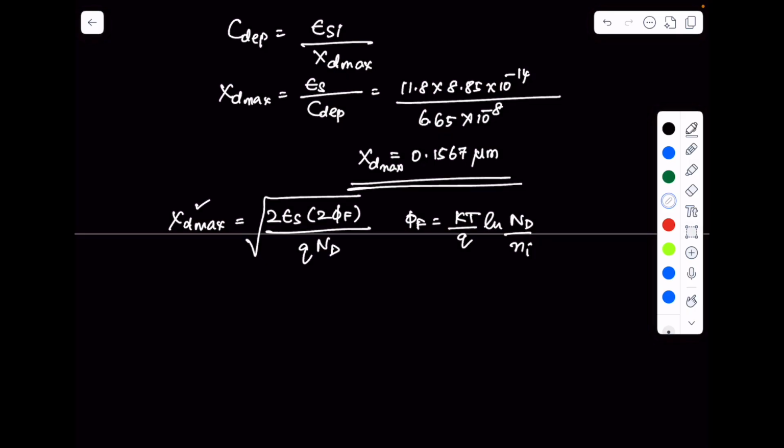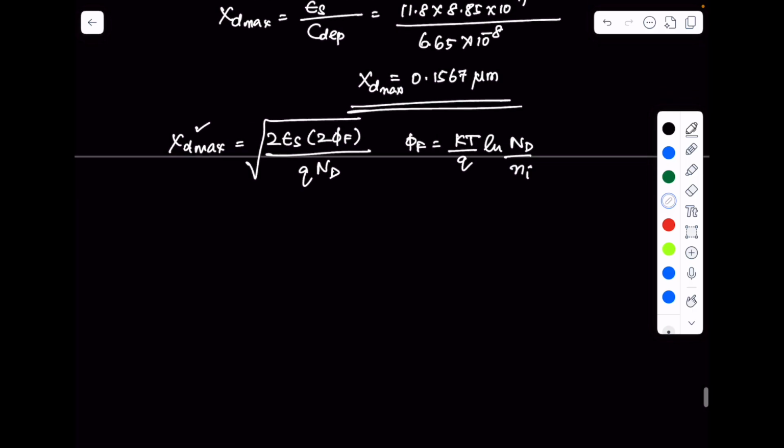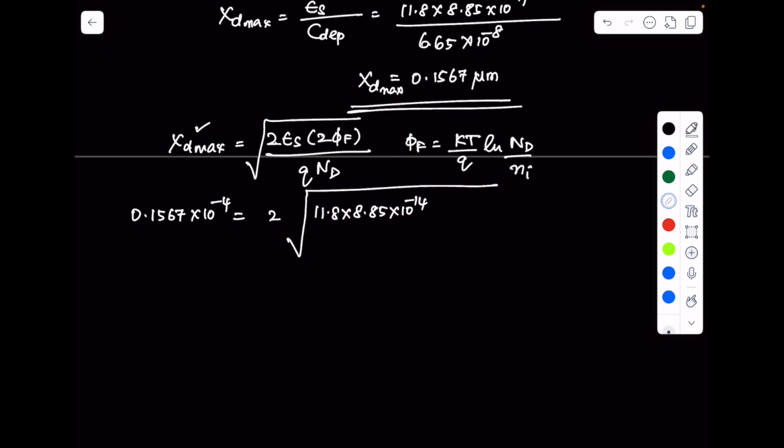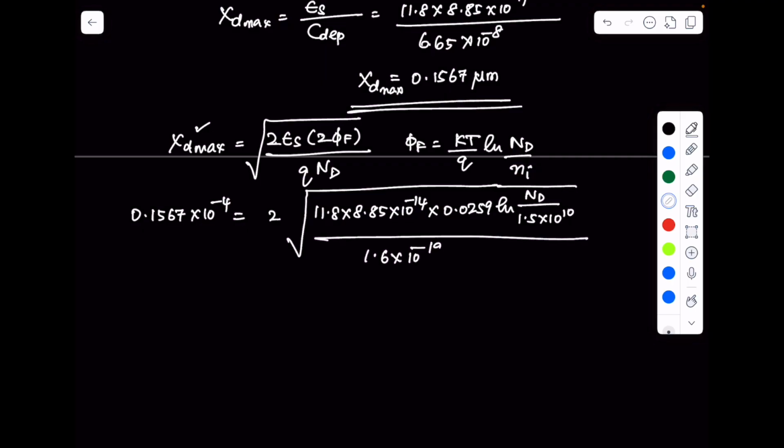You need to find nd. So remember, phi f is a function of nd. If I plug in the values, what do I get? I get 0.1567 into 10 power minus 4 should be 2 times, I'm pulling the 2 out, square root of epsilon s into phi f, ln of nd by 1.5 into 10 power 10, divided by 1.6 into 10 power minus 19 nd.